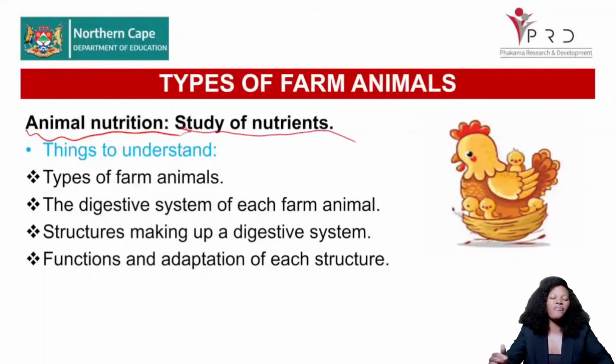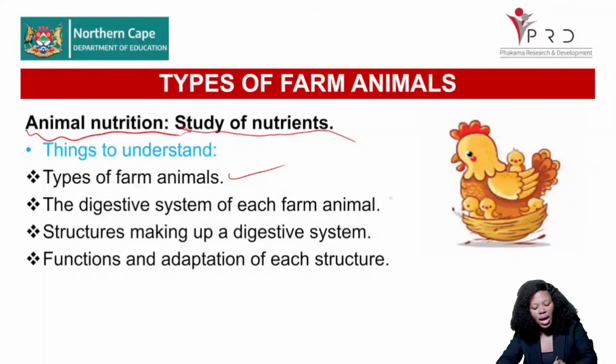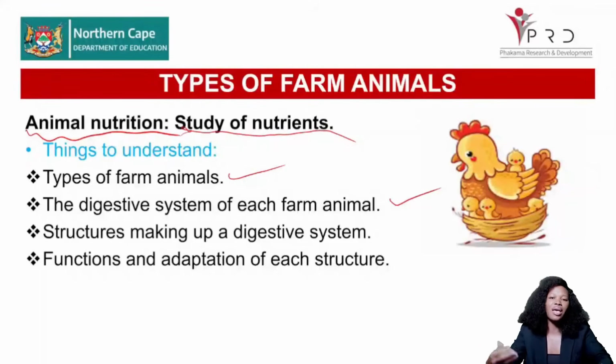For you to have a better understanding of this topic, these are the things you need to understand. Firstly, in agriculture, we are dealing with different types of farm animals, because these are the very same farm animals that are responsible for digestion and absorption of nutrients. Secondly, these farm animals have a digestive system, also referred to as the alimentary canal, which is a tube.